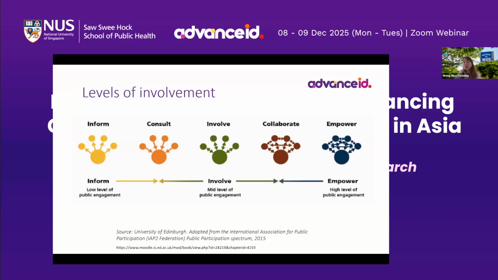So for instance, a community advisory group could be involved in the study design phase of a clinical trial with lower levels of involvement and may play a consultative role when it comes to designing participant recruitment and retention strategies. The level of involvement will depend on the needs of the research team, the community, the funder, resources available, and also other needs.